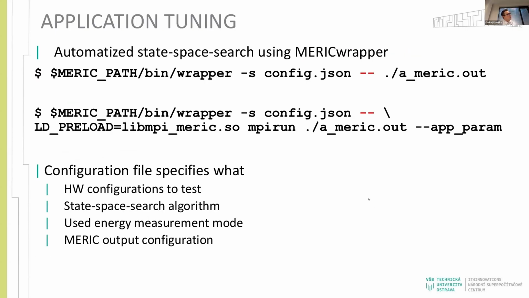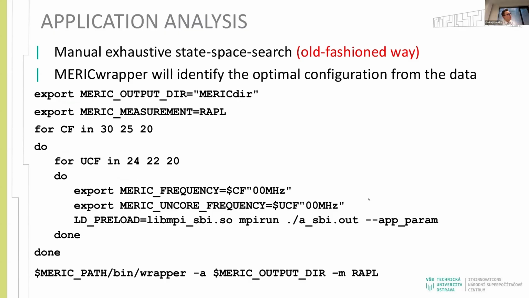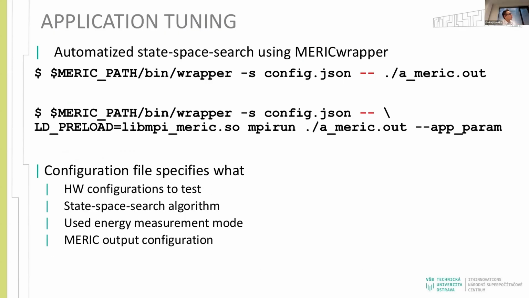This was, in this slide, for a simple application run, while when doing a state space search for what's really the best configuration, we have another utility which performs the identification of the optimal configuration.